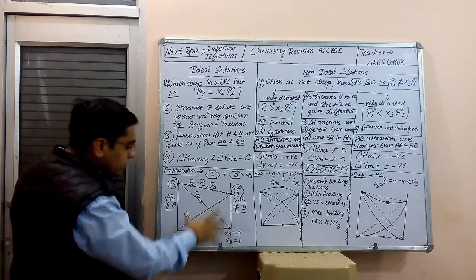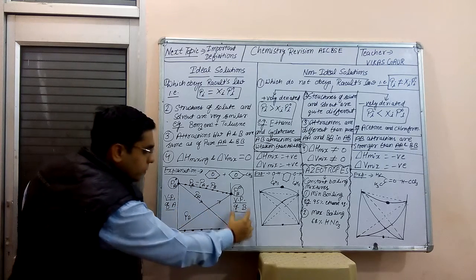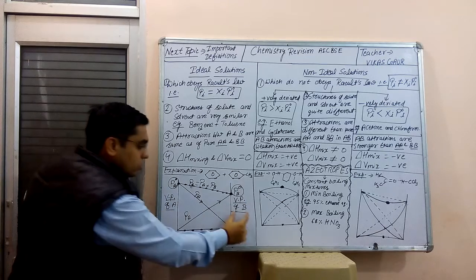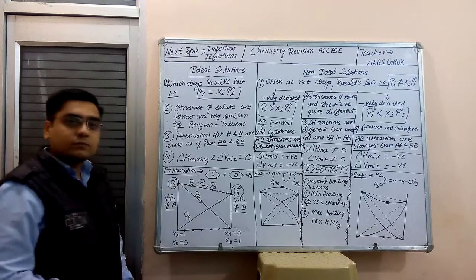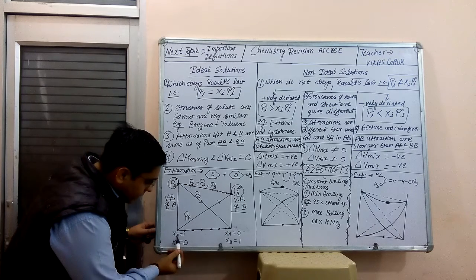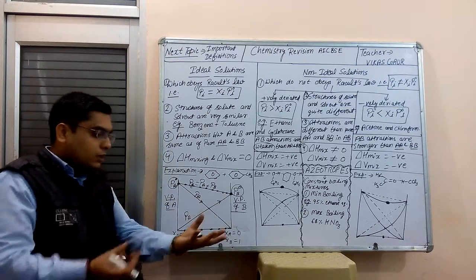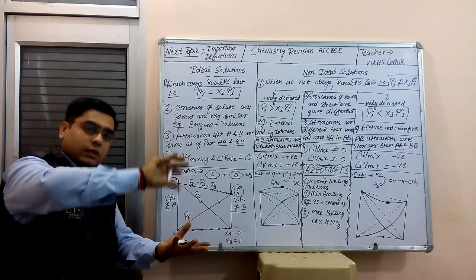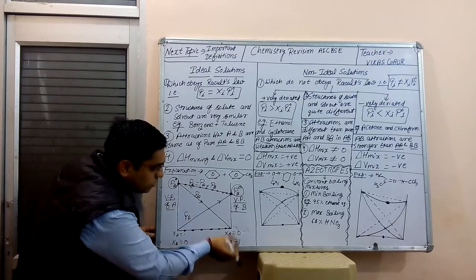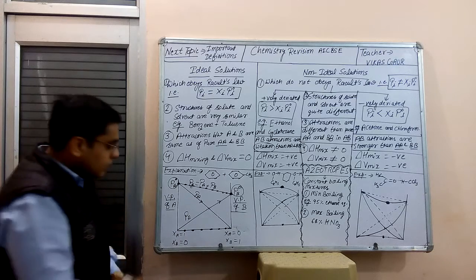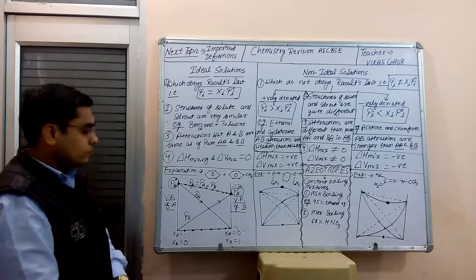So if we plot the graph according to Raoult's law for vapor pressure of A, vapor pressure of B, solvent, solute, with respect to mole fraction, then this comes like this. How? Mole fraction of A is equal to 1 and mole fraction of A is equal to 0 means when we start mixing B into A, the mole fraction of B increases from 0 to almost pure, 1, and that of A decreases from 1 to 0.